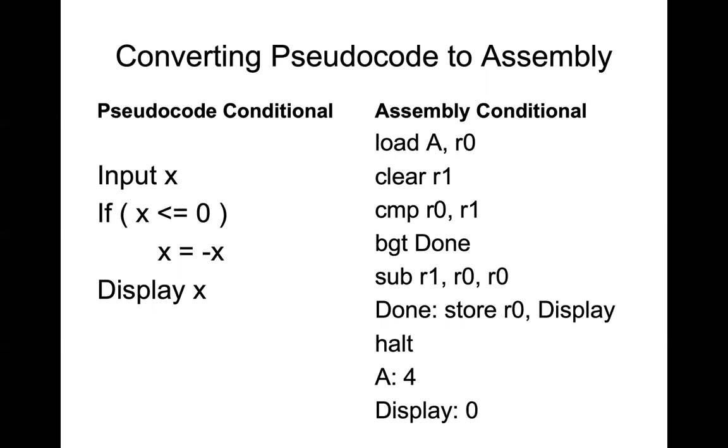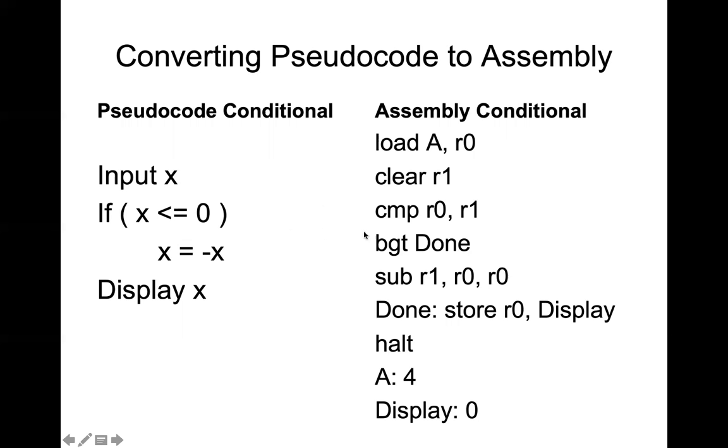What's going on is the greater than condition is the exact opposite of the less than or equal to condition. For any two numbers, if we want to check if one of them is less than or equal to the other, we can compare if it's greater than, and then just flip that.